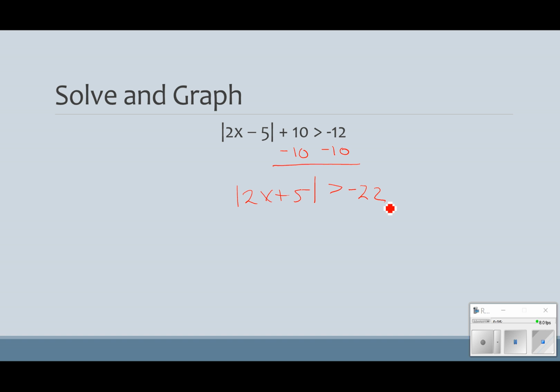However, with this, it's still always positive. So whatever I get in that absolute value is positive, and we're asking if it's going to be greater than negative 22. Well, it is. No matter what values I get for x. So this is actually all real numbers. And the graph of that would just be the number line, with arrows going in both directions.